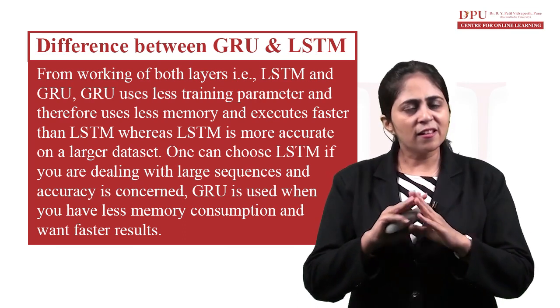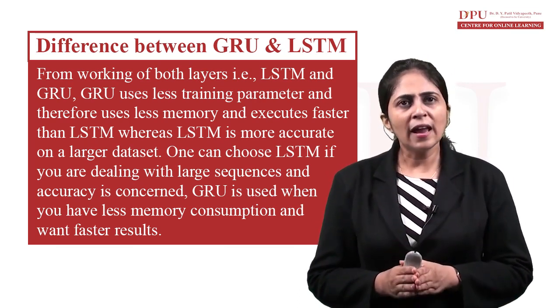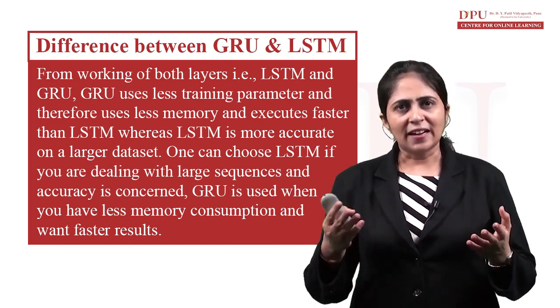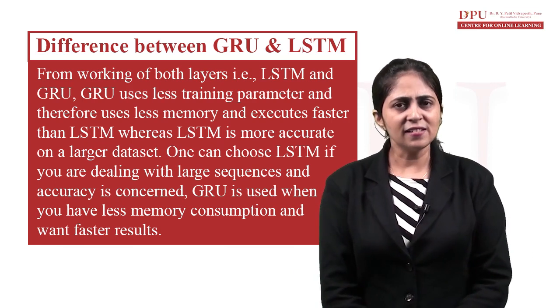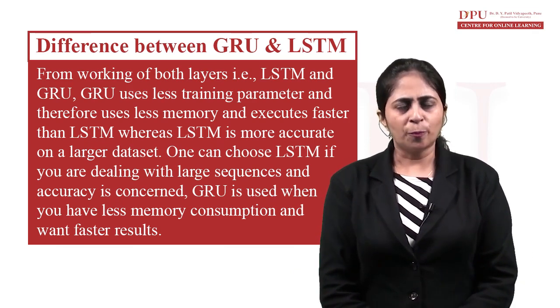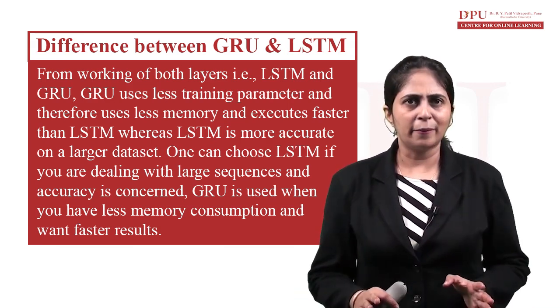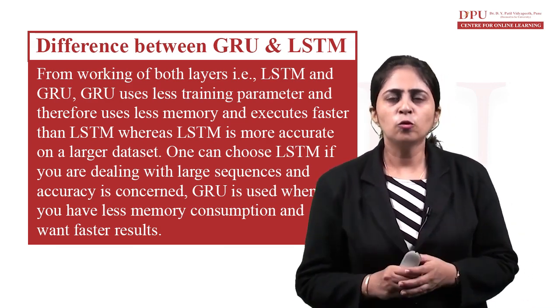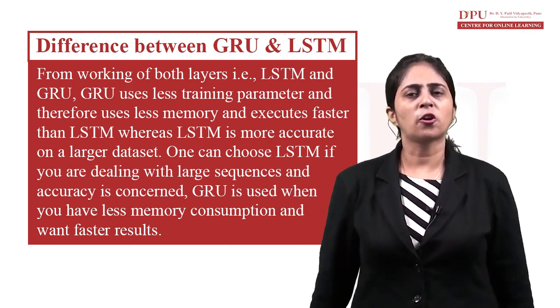GRU does not possess any internal memory. So in LSTM, we do have an output gate, but in GRU, there is no internal memory and they do not have the output gate that is present in our long short-term memory.